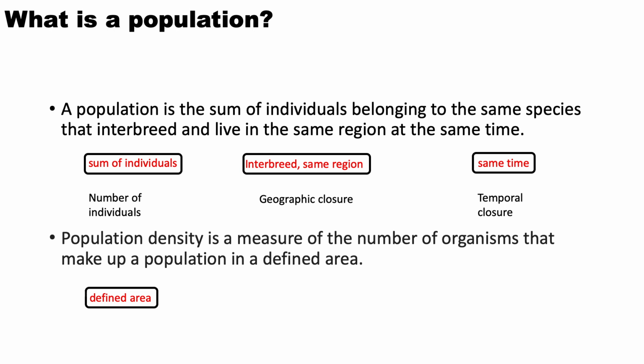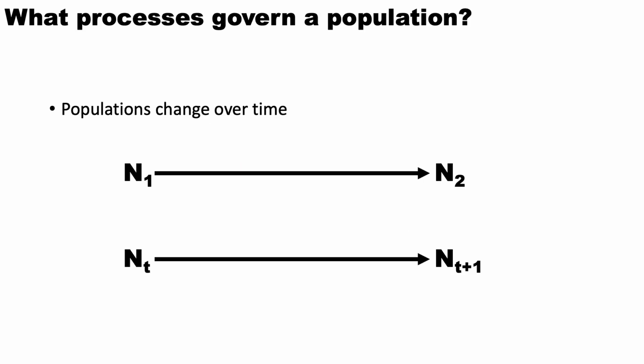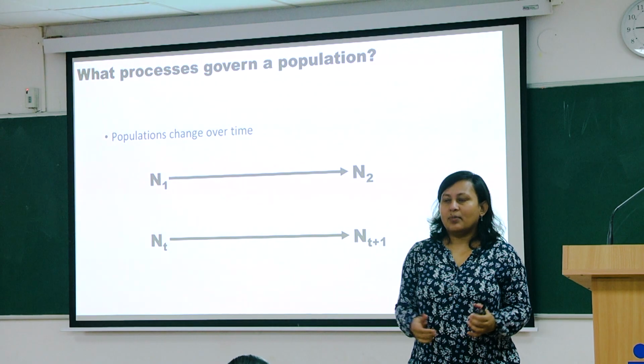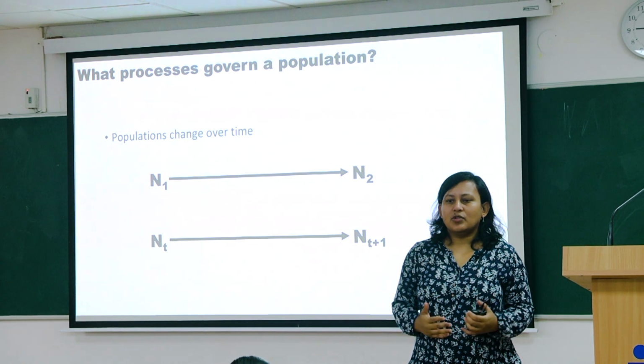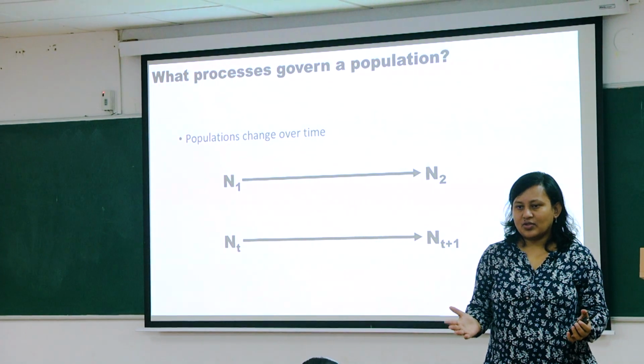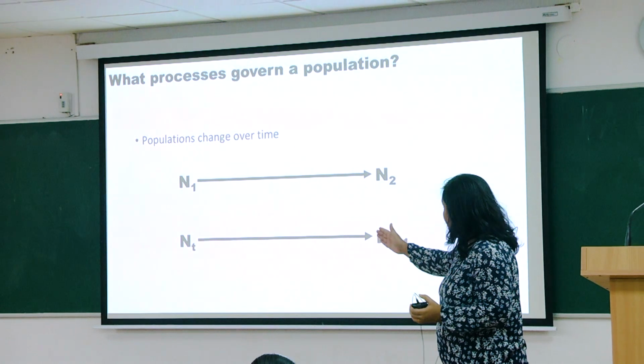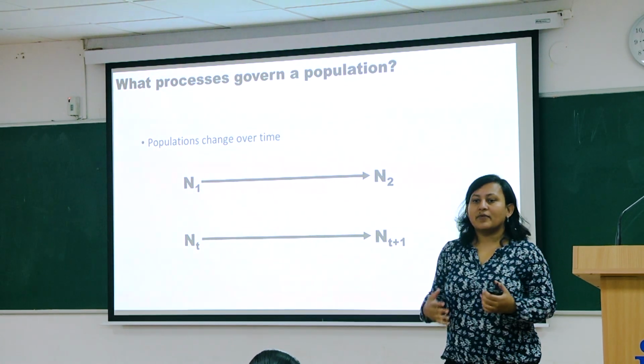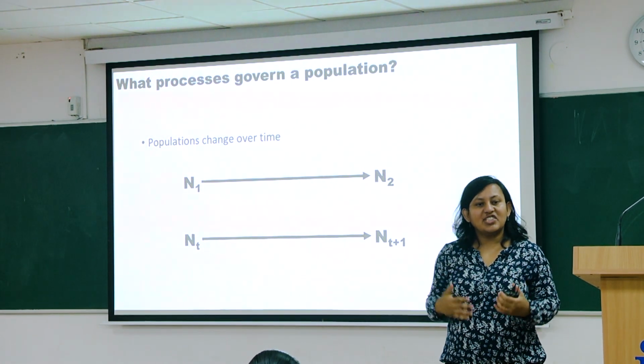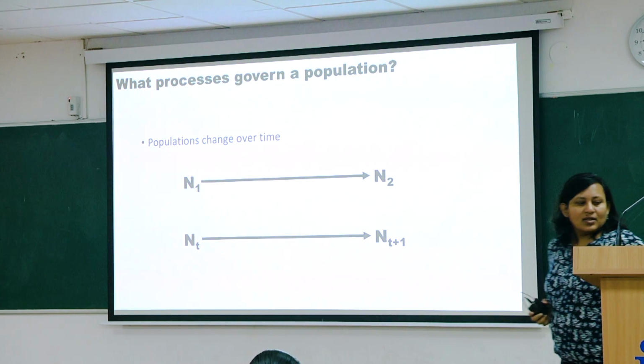And as I already told you, population refers to one point in time. It's a snapshot. But over time, you don't expect it to remain static. So from time t to time t plus 1, most often you'll expect the population to change.